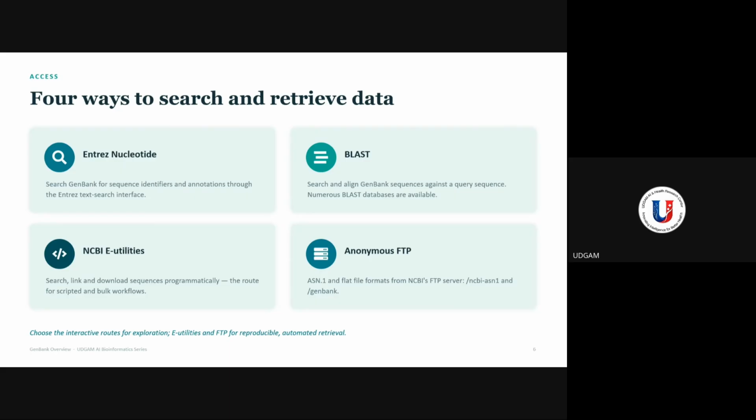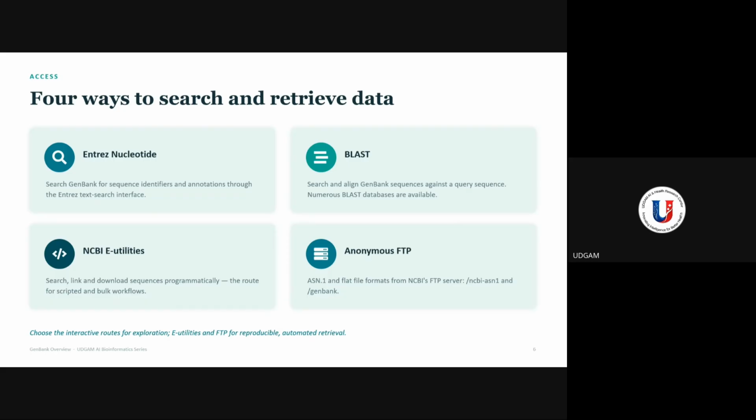Next, NCBI E-Utilities. For that purpose, you need some idea of BioPython, otherwise it's a bit difficult. Today we're not going to discuss it, but I'm just giving some flavor of it.